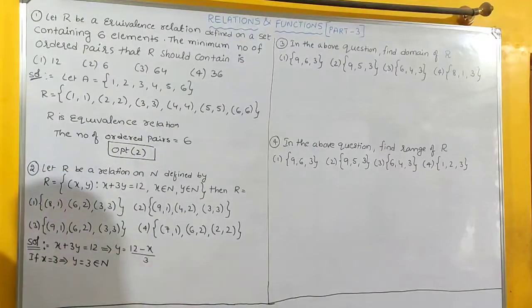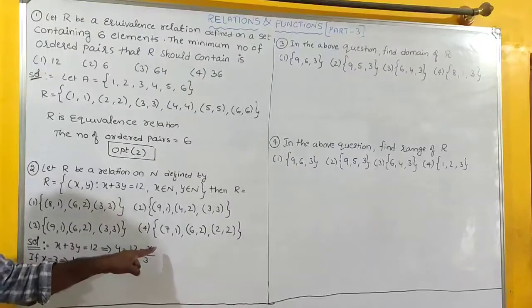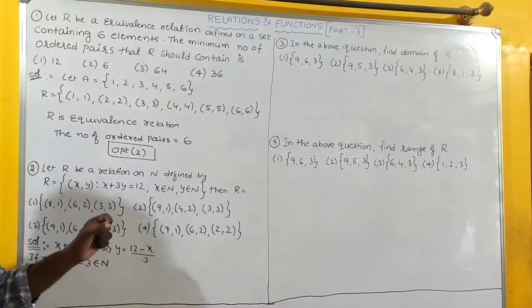If you take 4, 12 minus 4, 8, 8 by 3 is not a natural number. If you take 5, 12 minus 5, 7, 7 by 3 is not a natural number. If you take 6, 12 minus 6, 6, 6 by 3, 2, it is a natural number.